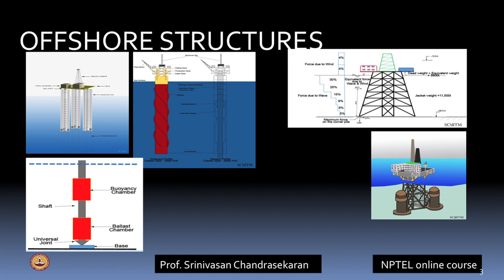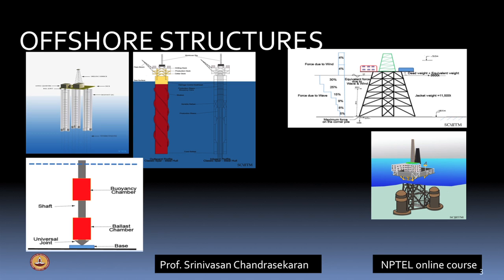The one you see in the middle is a spar platform. The one you see on the right top is a typical jacket structure, which shows different kinds of loads acting on this kind of structure. The one you see in the right bottom is again a typical sketch of an offshore platform.